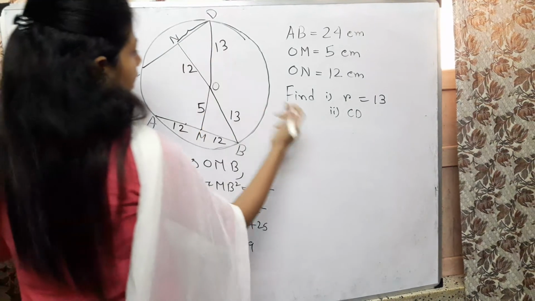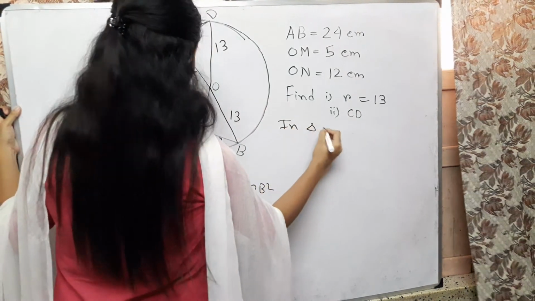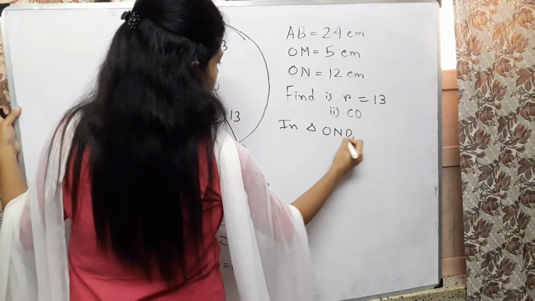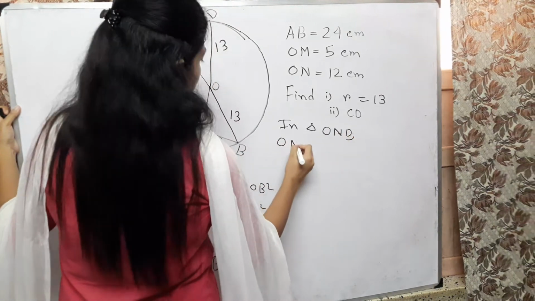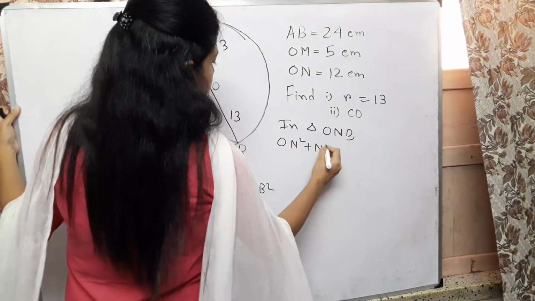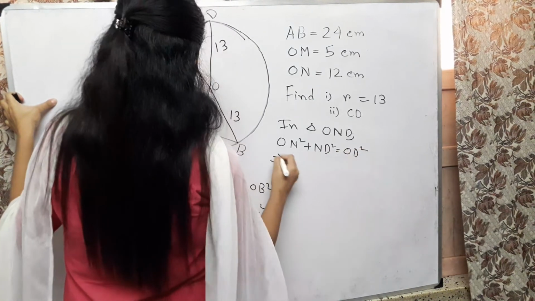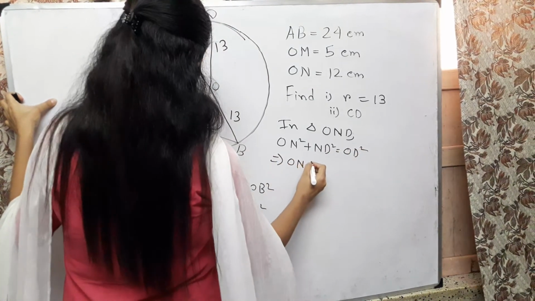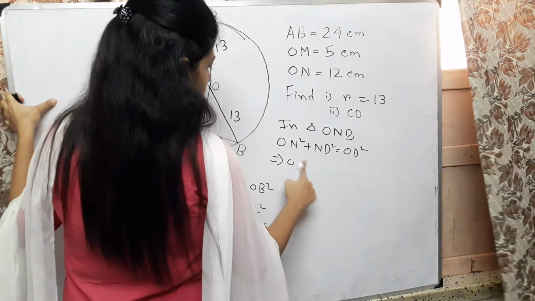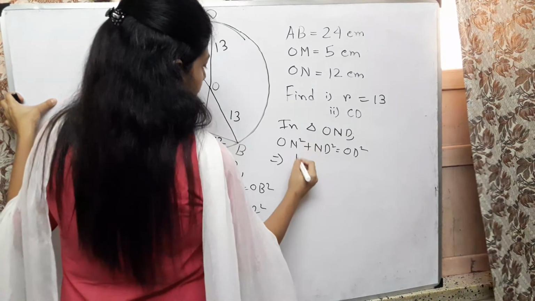Now in triangle OND, ON square plus ND square equals OD square. ND we have to find.